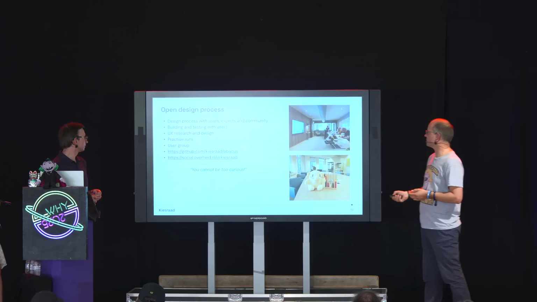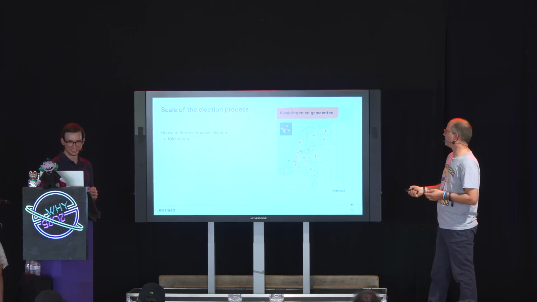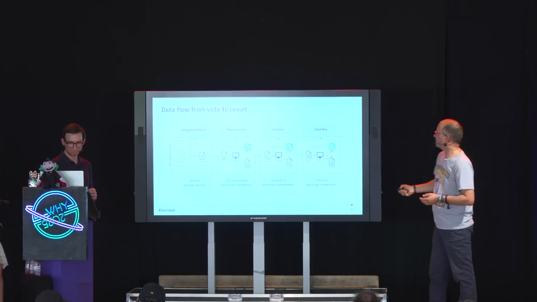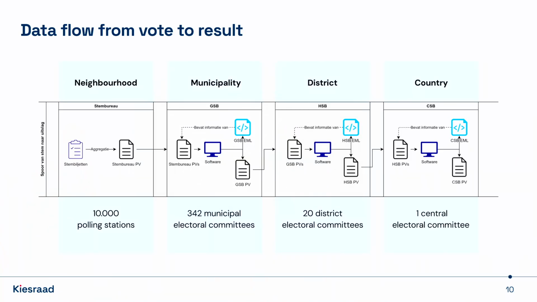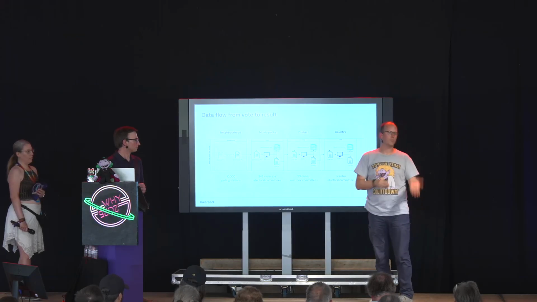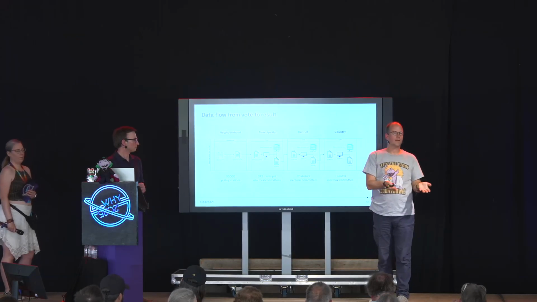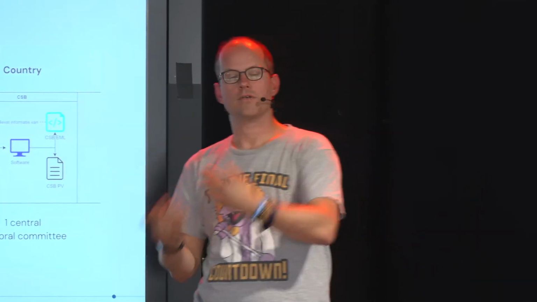I can actually show it here. I'll just go through the slides. Here you see that it produces a paper document which is then printed and given to the next level. So from the neighborhood to the municipality, and the same goes from the municipality to the district. They're all physical documents, and they're all scanned and put online. In Dutch we use the word onverwijld, which means as fast as possible.